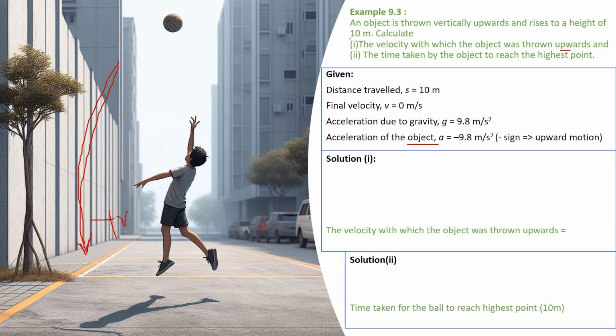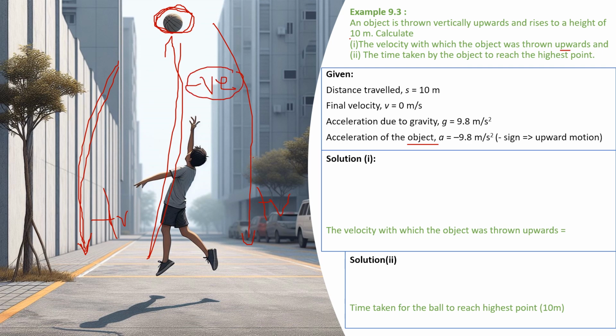But what I'm interested in is the acceleration of the ball. If the ball is falling, I'll take it as positive acceleration. If the ball is moving upward, it is against the attraction of the Earth, so I'll take it as negative, in the opposite direction.